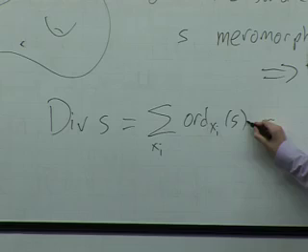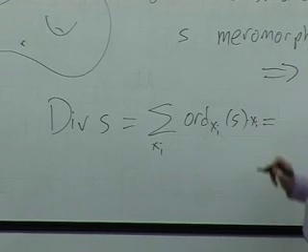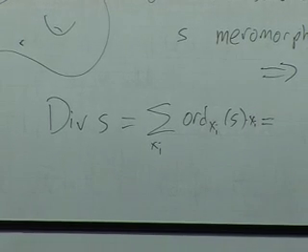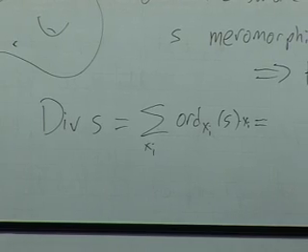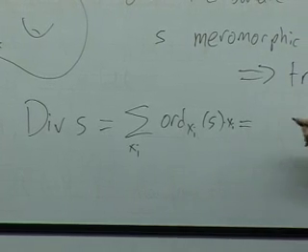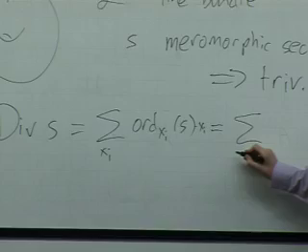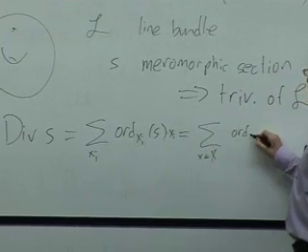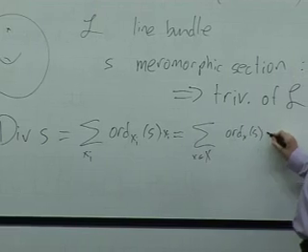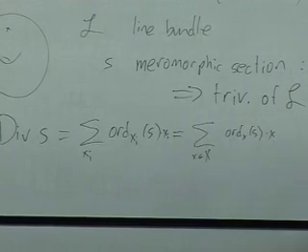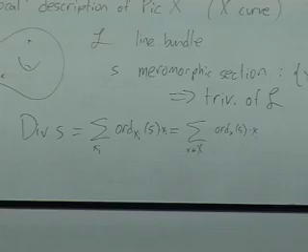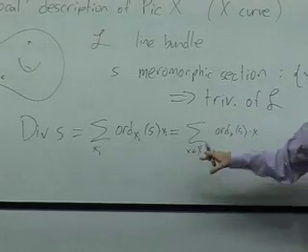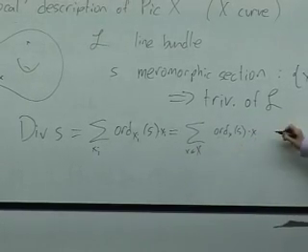I might as well sum over all points x in the Riemann surface of the order at x of S, because these orders are going to be 0 at all but finitely many points. So this is actually a finite sum, despite looking like an infinite sum.